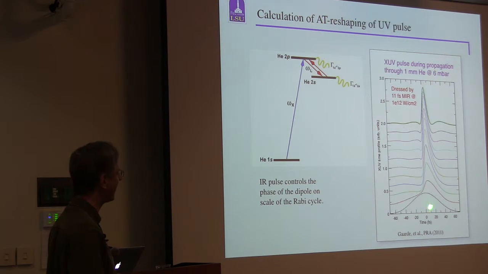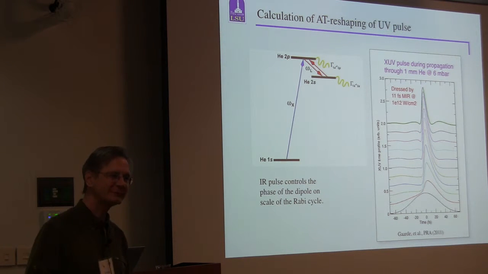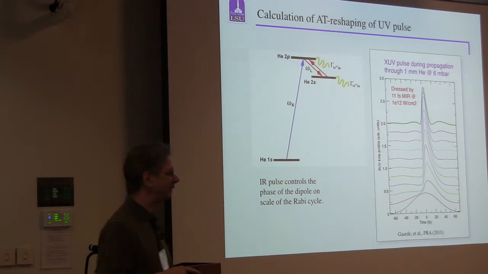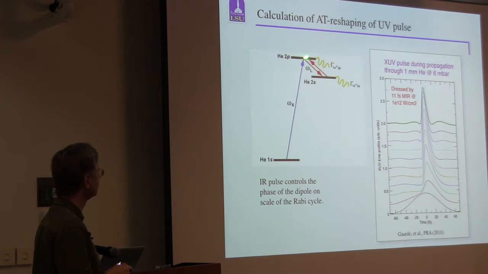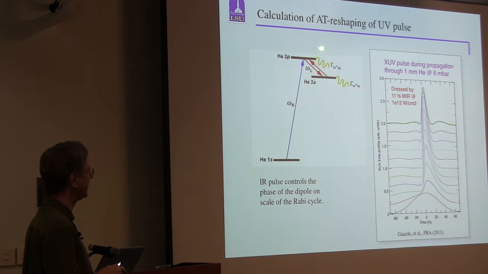And so what comes out is actually a shorter XUV pulse. It is just about 11 femtoseconds. So it's as if you have opened a transparency window for 11 femtoseconds right in the middle of the pulse. It's not actually quite that simple. You really are controlling the phase, and you're cycling population around here.